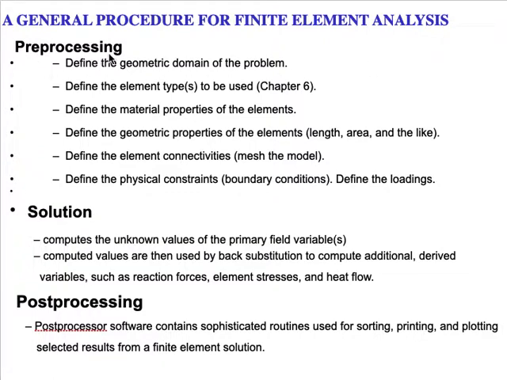Pre-processing is the first step: define the geometric domain of the problem, define the element types to be used, define the material properties of the elements, and define the geometric properties of the elements, such as length and area. Then define the element connectivities, mesh the model, define the physical constraints, that is boundary conditions, and define the loadings.